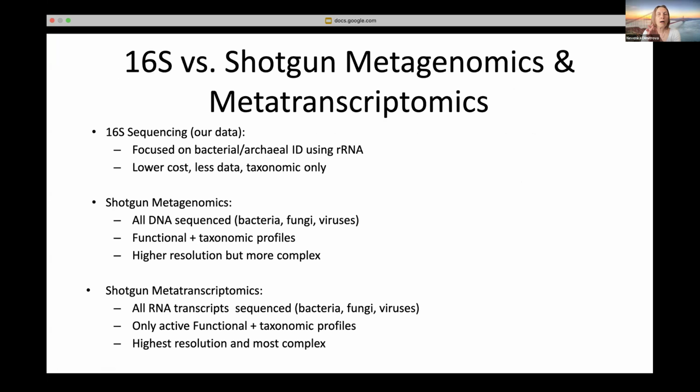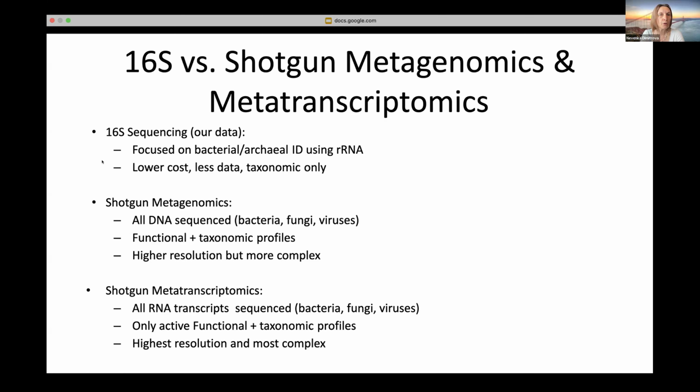And just so that we have a perspective, what is 16S versus other types of microbiome sequencing. So there are three types in general. 16S, which is our data that we start with from the Snyder study.